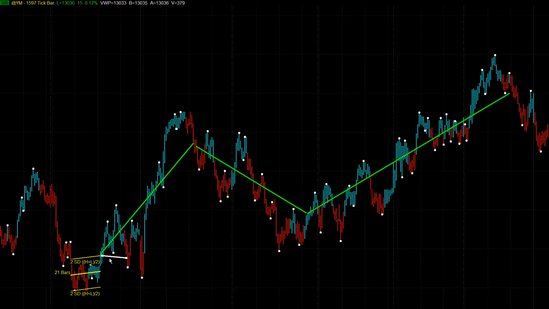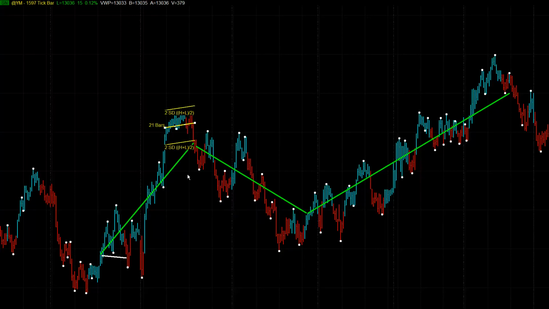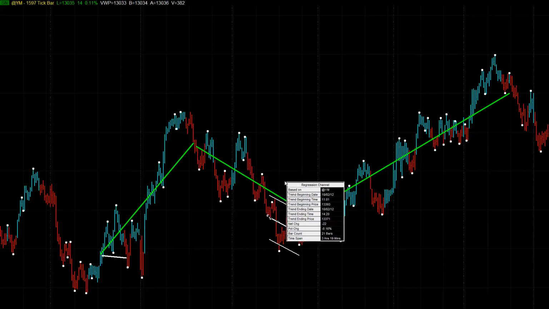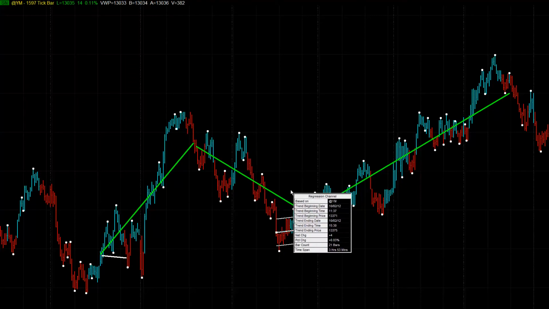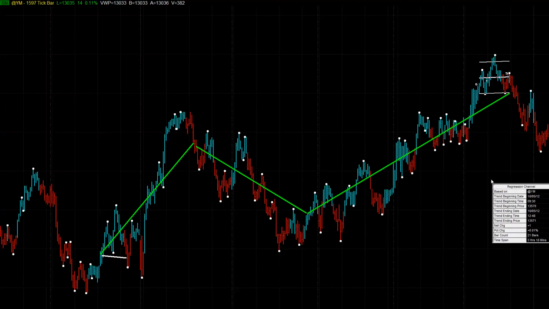So we enter the trade in over here, and because that's a break, we carry it all the way to the top, and the next time we have a break is over here to the downside. So we reverse the position, go all the way down to here, and the next time we have a break is over here to the upside, and we don't get another break to the downside until over here.